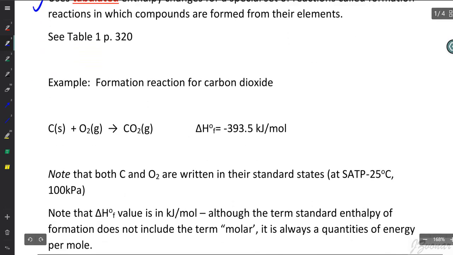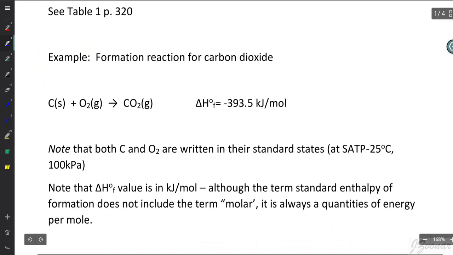So if we take a look here at the formation of carbon dioxide, in order to form carbon dioxide from its elements, it is elemental carbon, solid, and oxygen. Those are my reactants. They combine together in a 1-to-1 ratio to form CO2. And so when we write this, it is always written in their standard states.